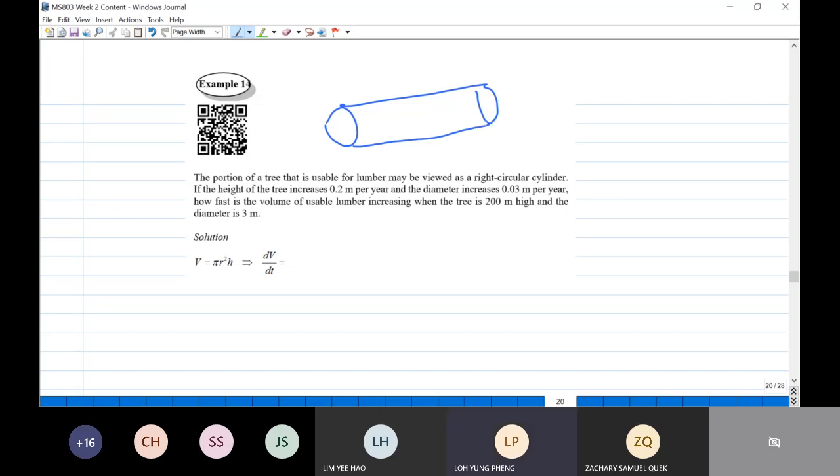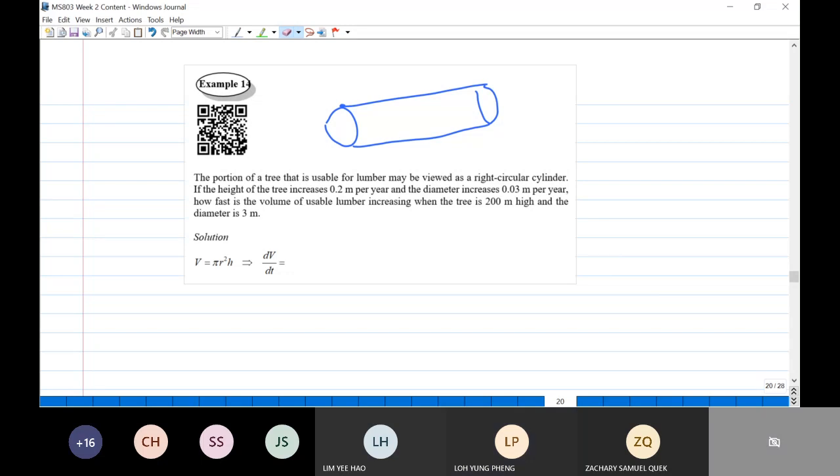A circular cylinder may not be at a right angle, but a right circular cylinder must be upright and straight, not slanted like this one. Okay, I get it now.